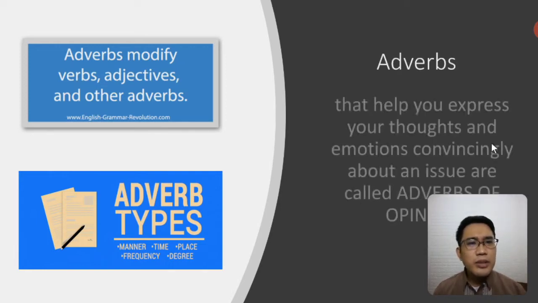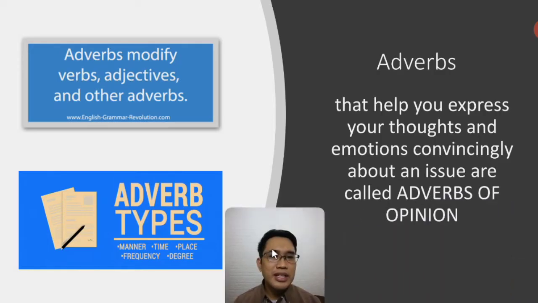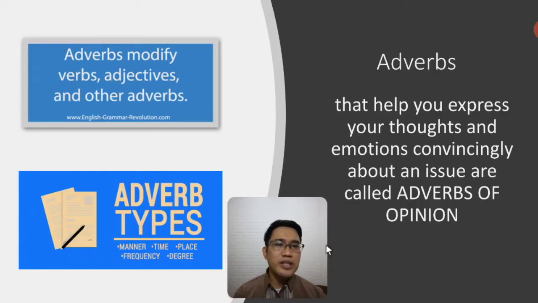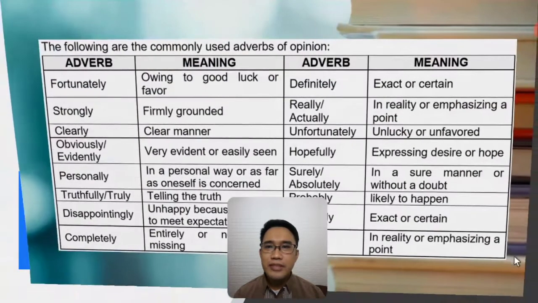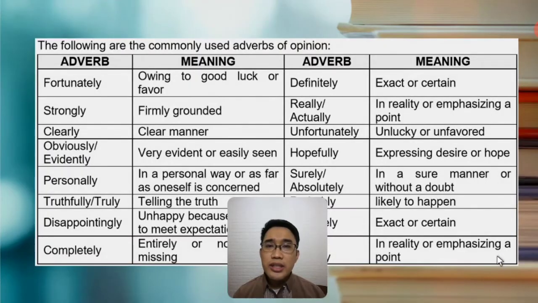But there is a particular adverb that really helps us to express our thoughts and emotions convincingly. And that particular type of adverb is called adverbs of opinion. The following are the commonly used adverbs of opinion.